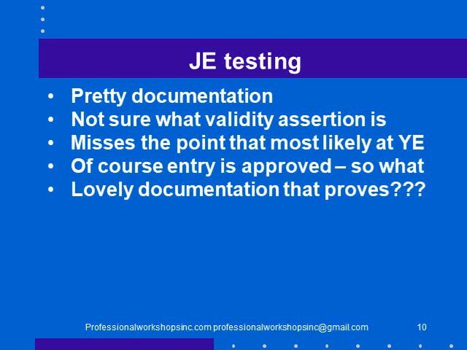And of course the entry is approved, so what? Looking for fraud by management and finding that management has approved the journal entry and finding that, oh, therefore it's okay, completely misses the point of fraudulent financial reporting in journal entries. So it's lovely documentation that proves nothing.